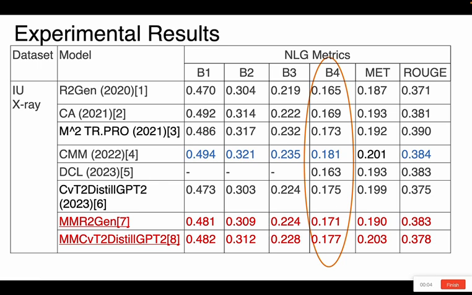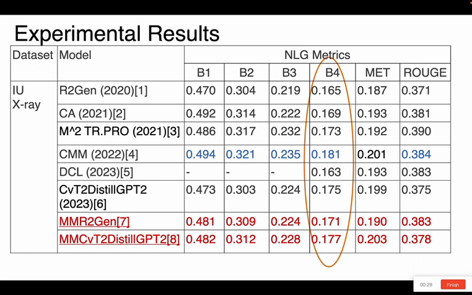This table compares our methods and related work on IU X-ray in terms of NLG metrics. We can see that the CMM method outperforms our method, and we notice that the improvements achieved on the MIMIC-CXR dataset were larger than those on the IU X-ray dataset.